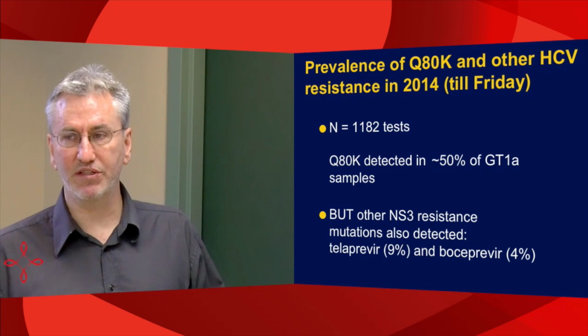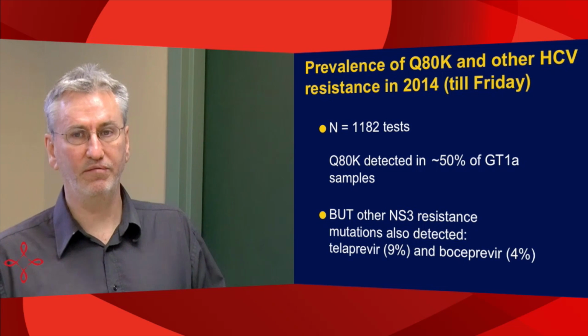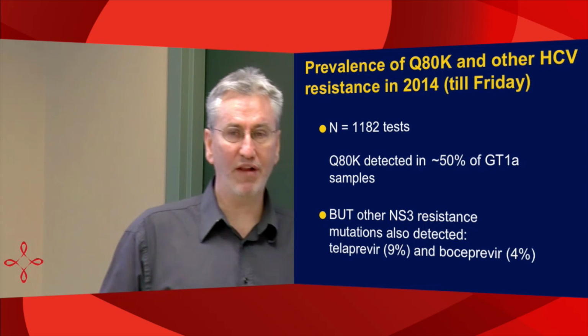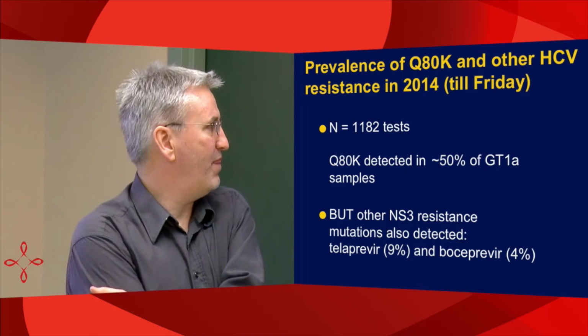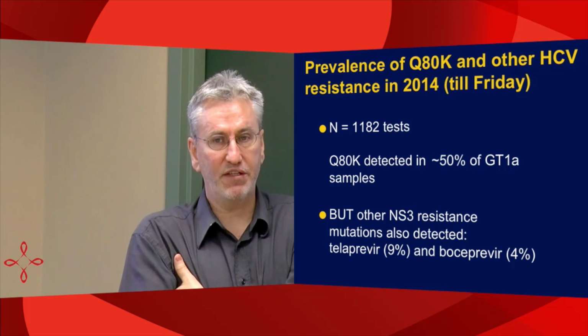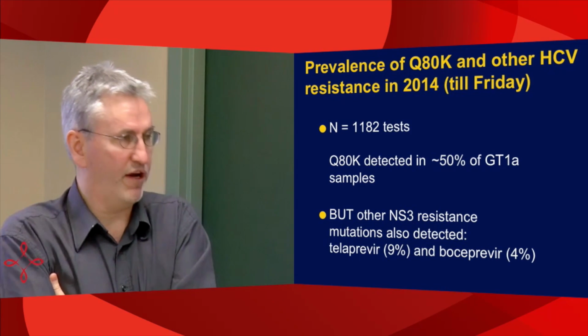At least in some patients, they weren't disappearing very quickly at all. So it may have considerable relevance in the future as to the accumulation of mutations in HCV in the same way that it did for HIV.